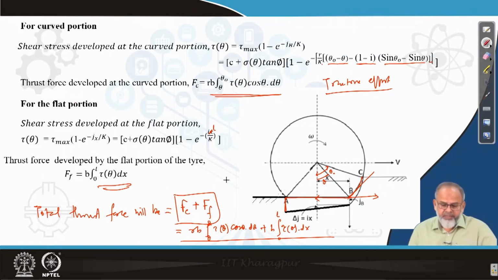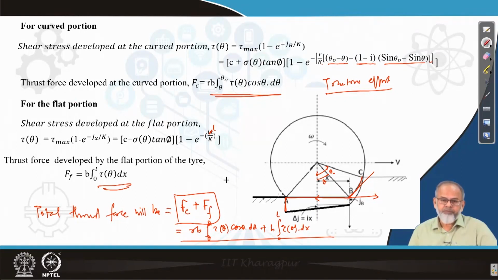Once it is decided, it becomes easier for us to find the thrust force which is developed. So, the procedure is, first if it is a rigid mode, the soil will behave like a rigid wheel without any deflection, then we have to follow the same procedure we followed for the rigid wheel. So, you have to find the shear stress shear displacement relationship.